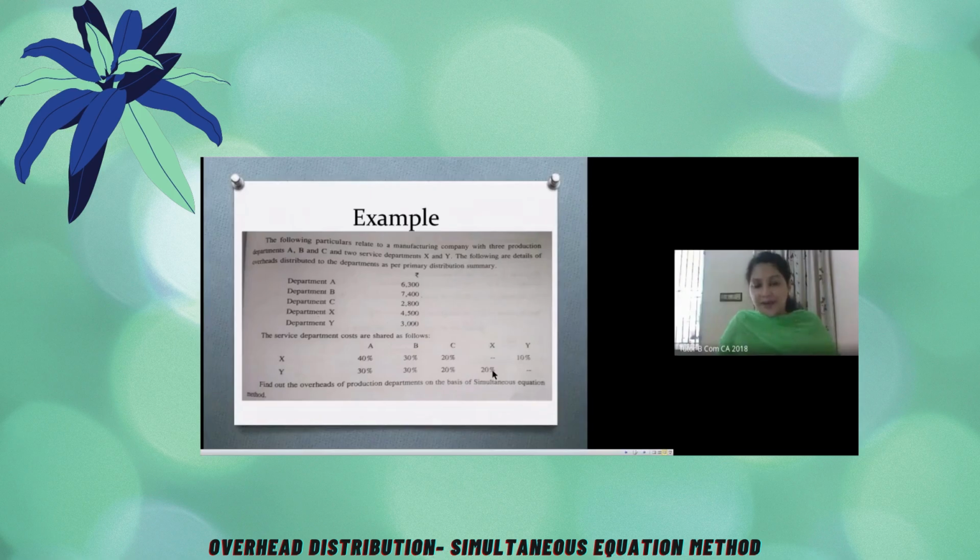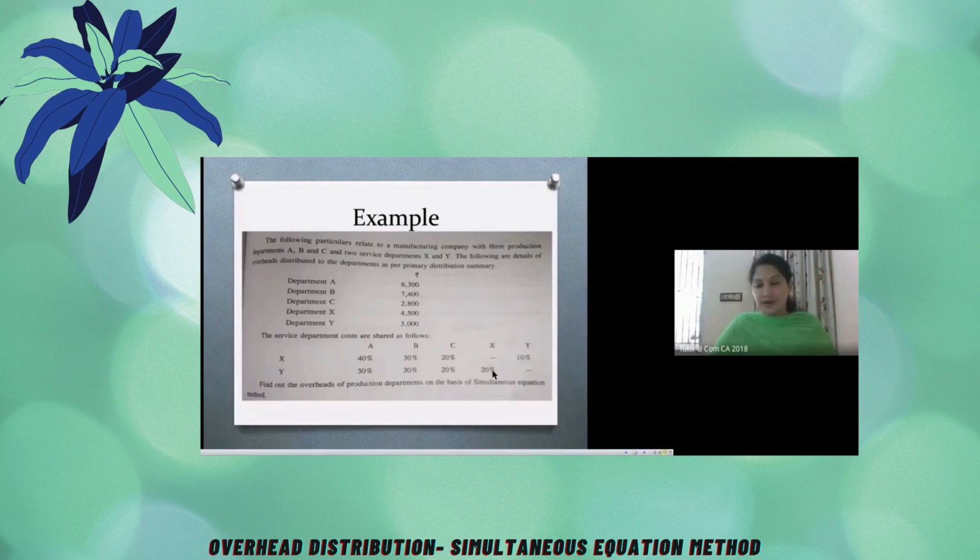I repeat, the total of the primary distribution summary of service department X, the total of the primary distribution summary of department Y, which is also a service department, plus the portion of Y's expense shared with X, as well as the portion of X's share shared with Y. These are the two factors we will consider when redistributing based on the simultaneous equation method.